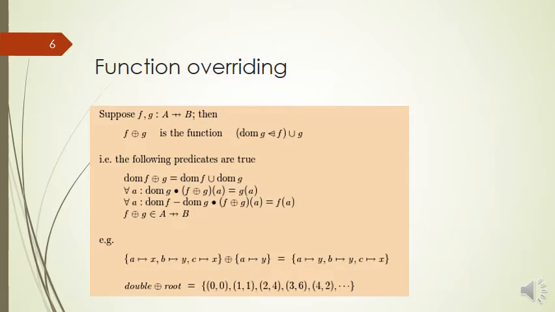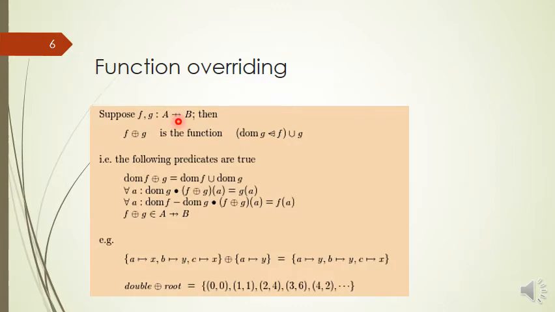Students, in order to apply the function overriding operator, we must have two functions as arguments. For example, f and g are two functions, and the type of both the functions must be the same. As you can see in this slide, the function f has a type A to B, and the other function g also has the same type.